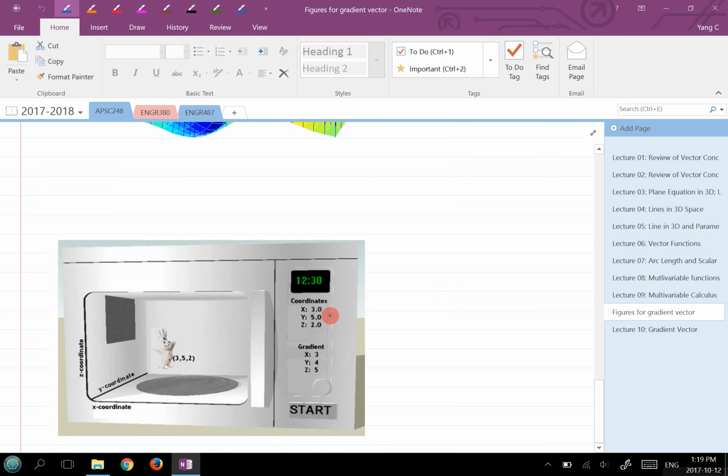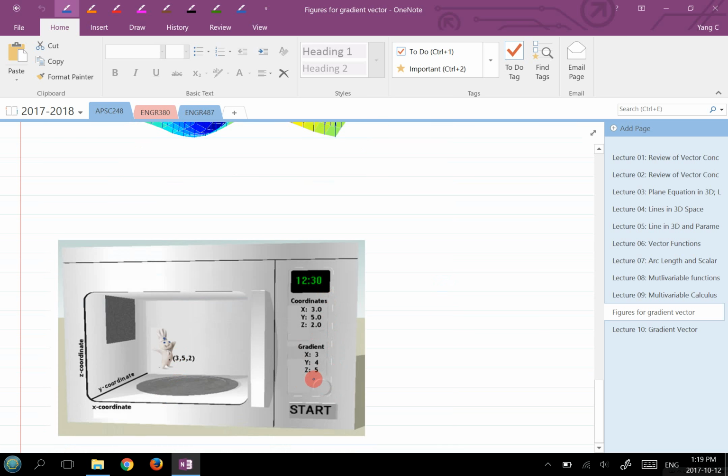It's not only going to give you a time, but also spit out a gradient vector. That gradient vector will tell you which direction will give you the maximum increase in the temperature, so that you can cook it as fast as possible.